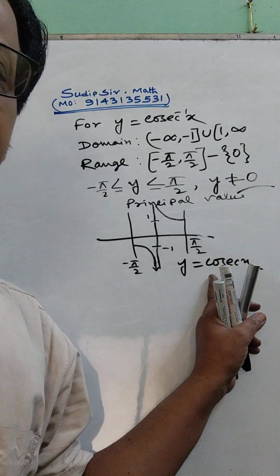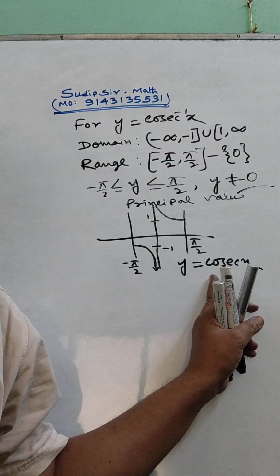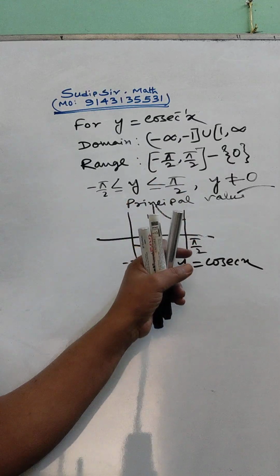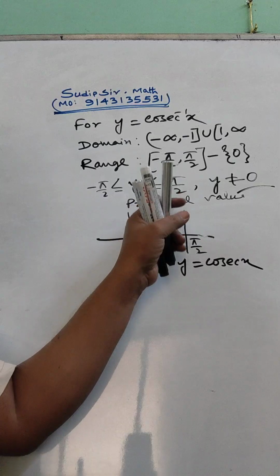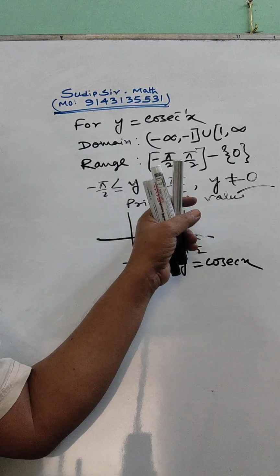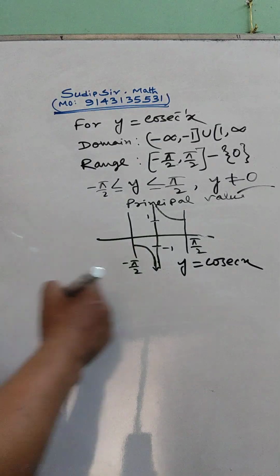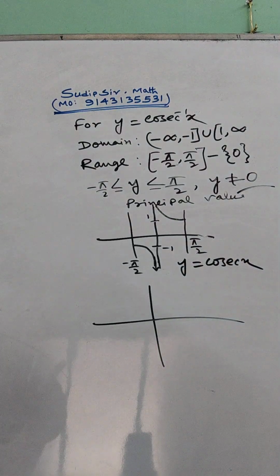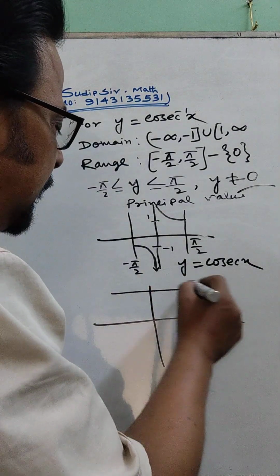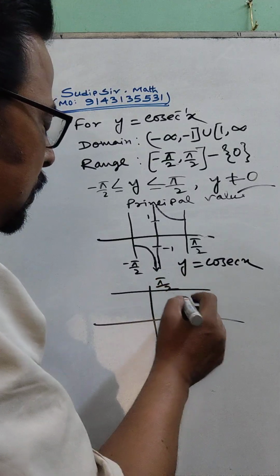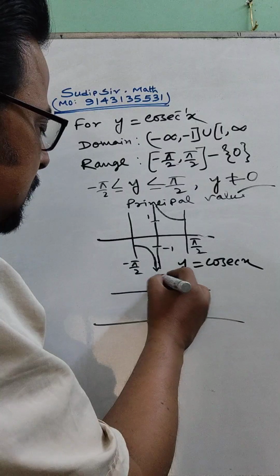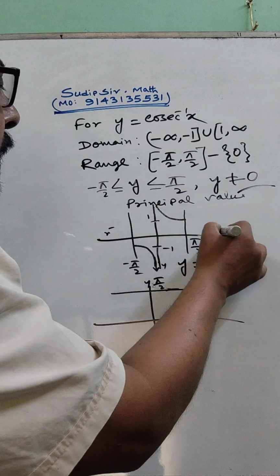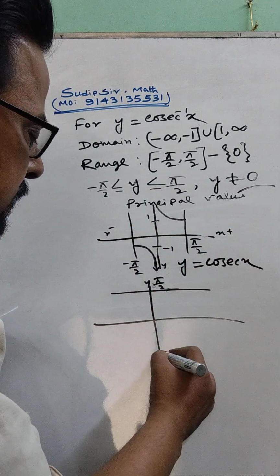For y equal to cosec x, when x tends to 0, y tends to infinity. Okay. Now for the inverse part, it will be like this. This line is pi by 2 on the y-axis. Obviously, this is the y-axis, this is x minus and x plus.